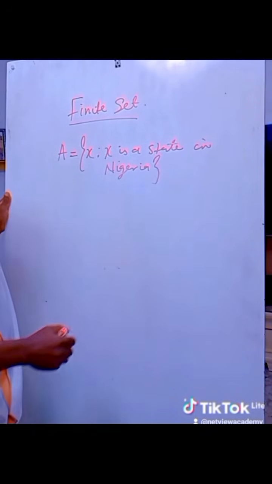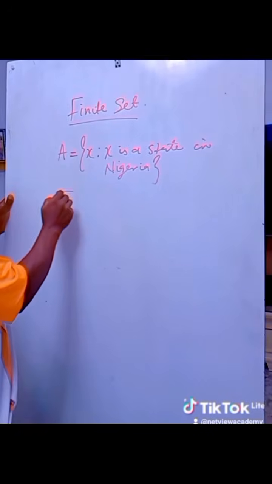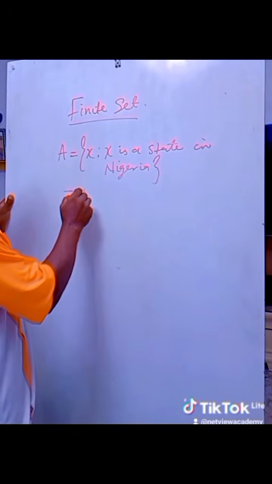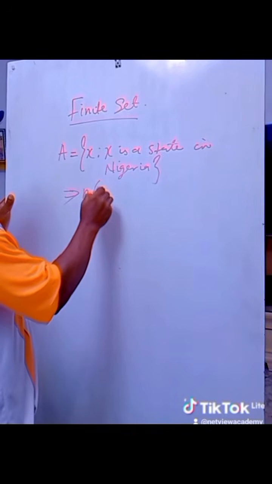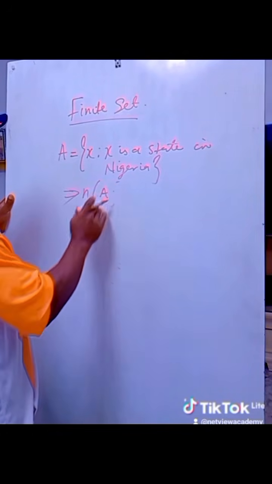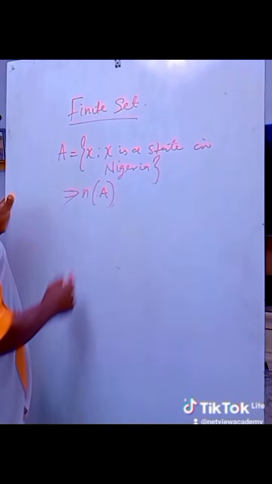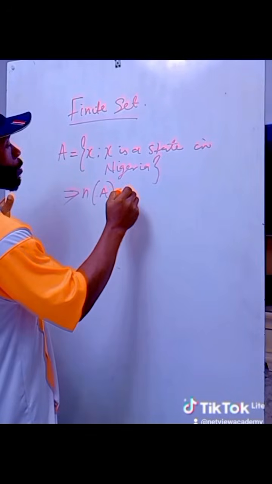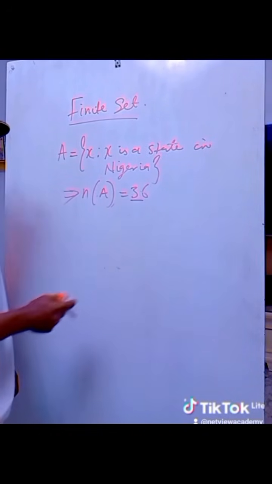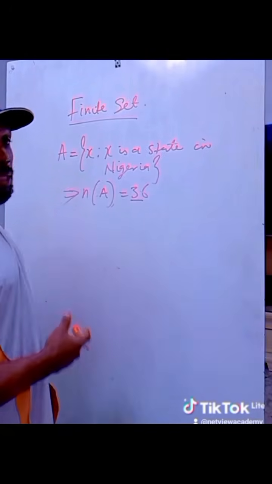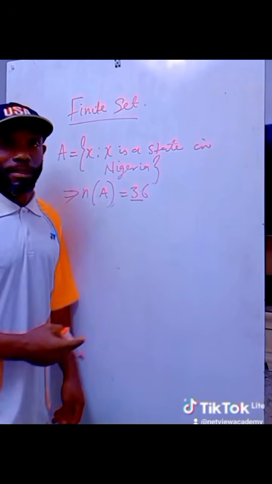If x is a state in Nigeria, it therefore means that the number of elements in set A is equal to 36. So it is possible to count the number of elements inside set A. Therefore, set A is a finite set.